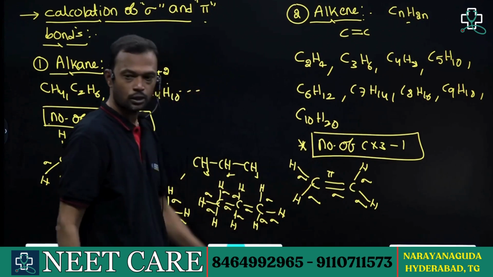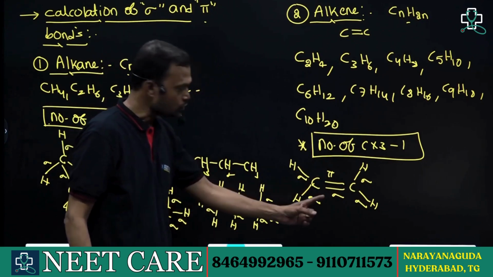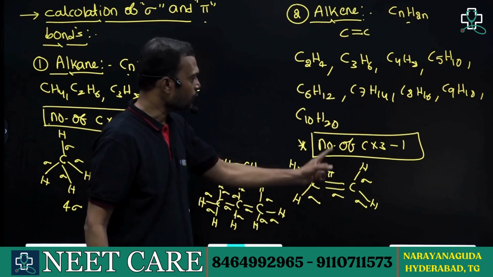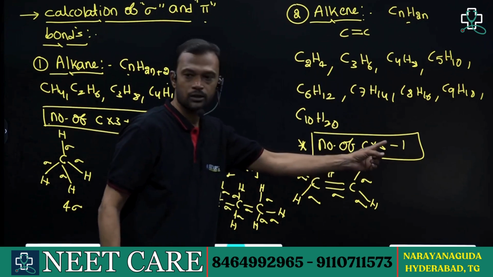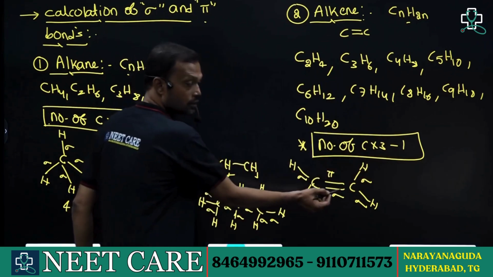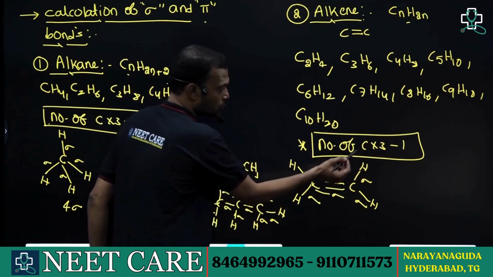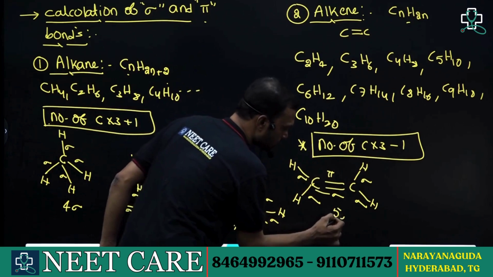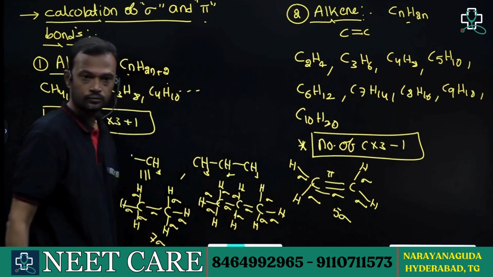In this how many sigmas are there total? 5. Now apply the formula, number of carbons multiplied by 3 minus 1. How many carbons are there? 2 carbons. 2 into 3, 6, minus 1, 5. So in this there are 5 sigmas. Is it clear?